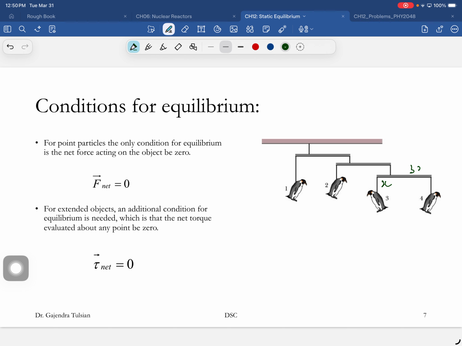The torque of this one will be, let's say this is m, mg times 3x, which should equal this mass times x. So this mass is 3m. This one weighs 3m.